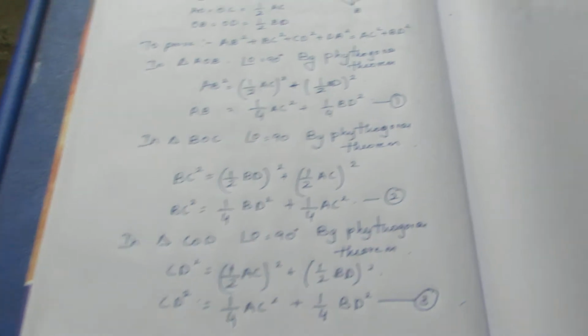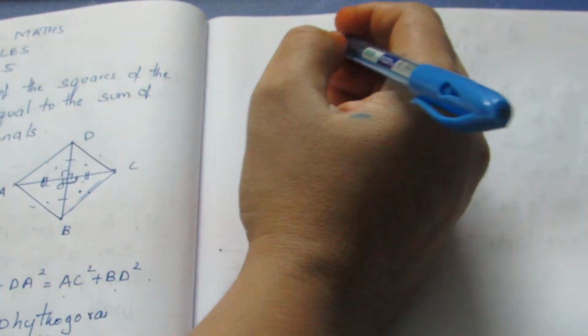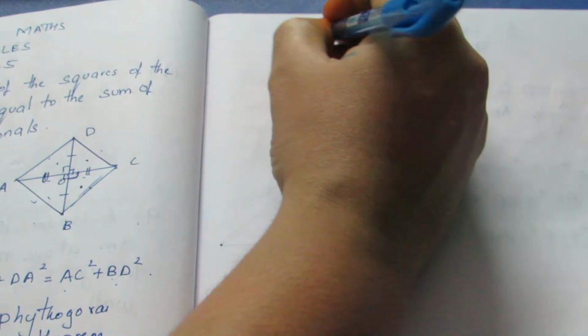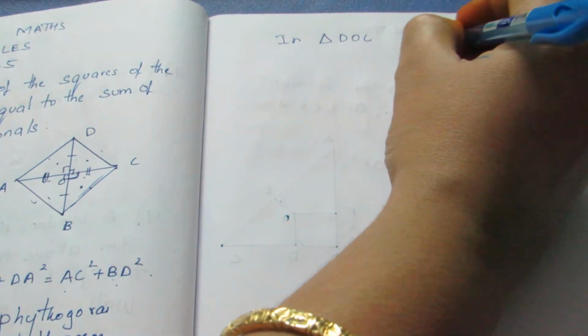Now let us move to triangle DOA. In triangle DOA, angle O equal to 90 degrees.